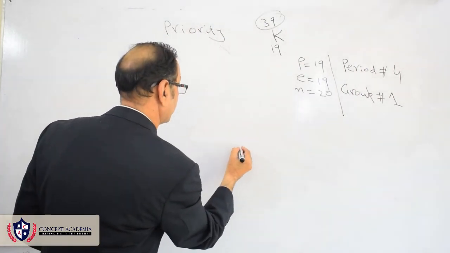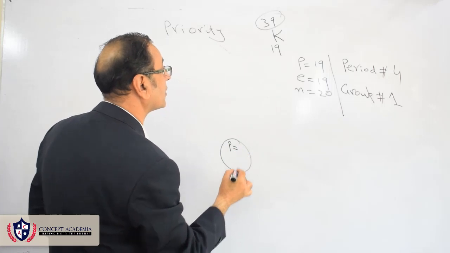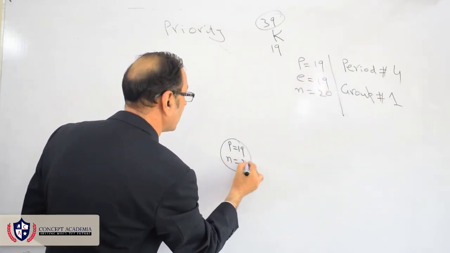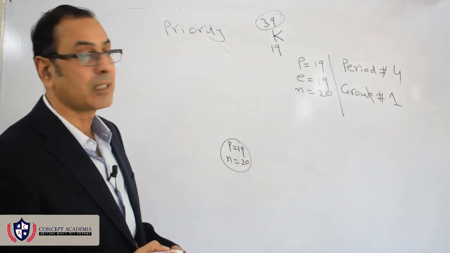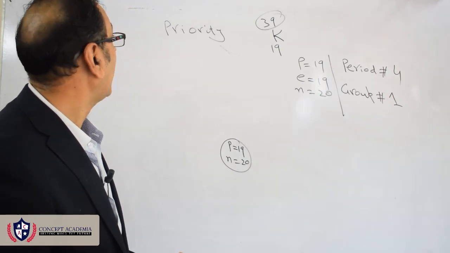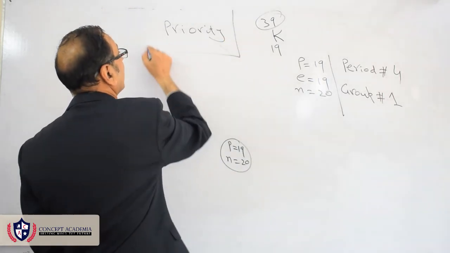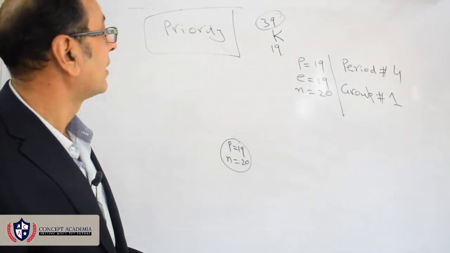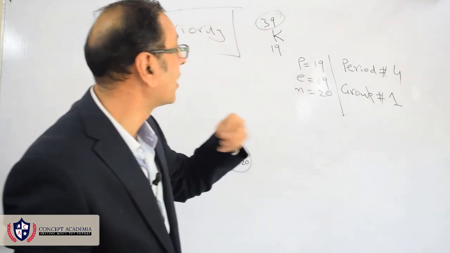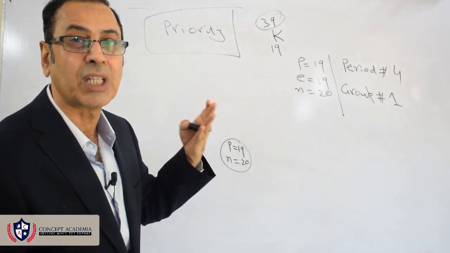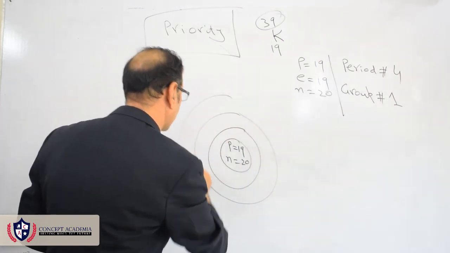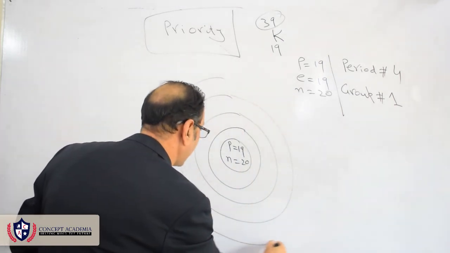So protons are 19 and neutrons are 20 in potassium, and the period number is 4, and that must be given priority number 1. So we are going to draw the period number 4. So the number of shells is 4: the first shell, second shell, third shell, and the fourth shell.